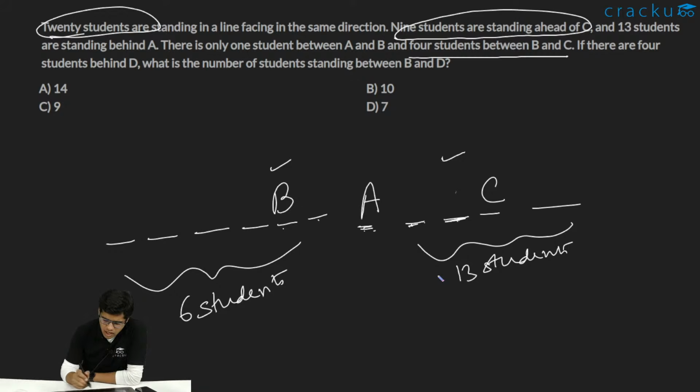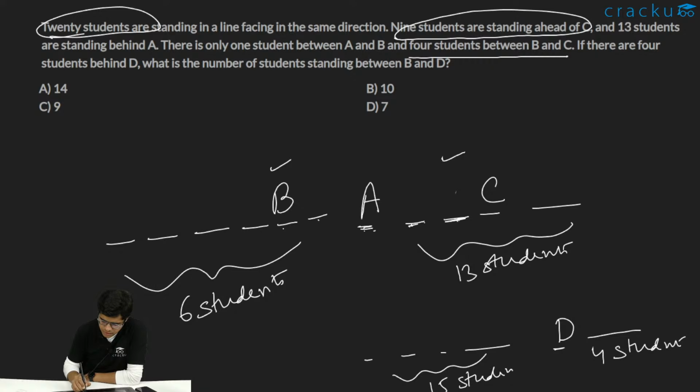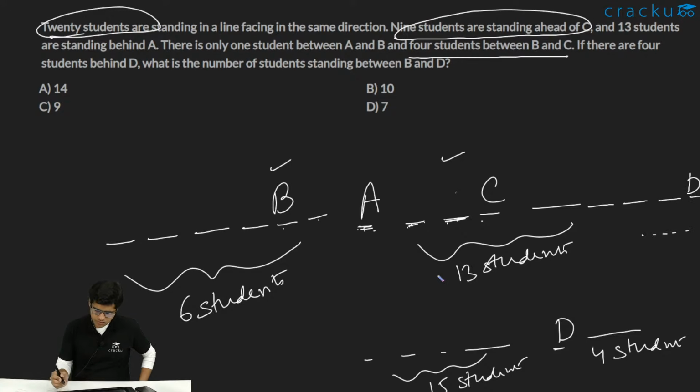Okay. Now it is given there are 4 students behind D, again the same logic. If 4 students are behind D, now D is here, total 5 students, which means 15 students have to be in front of D, right? 4 plus 1 is 5, 5 plus 15 is 20, which means here we are having 6 students, 7, 8, 9, 10, 11, 12, 13, 14, 15, and here will be the place of D. 1, 2, 3, 4, 5, 6, 7, 8, 9, 10, 11, 12, 13, 14.